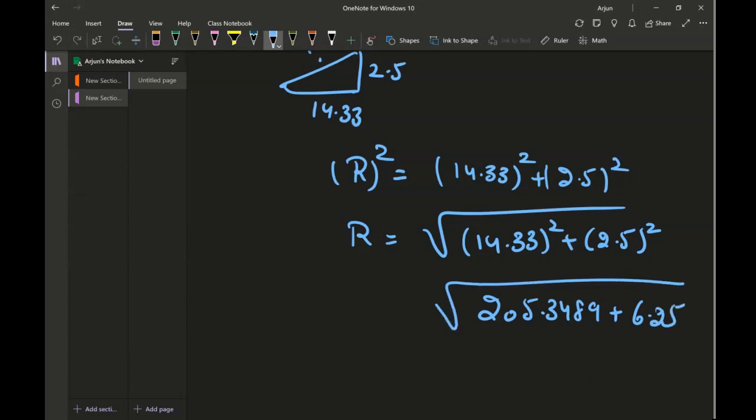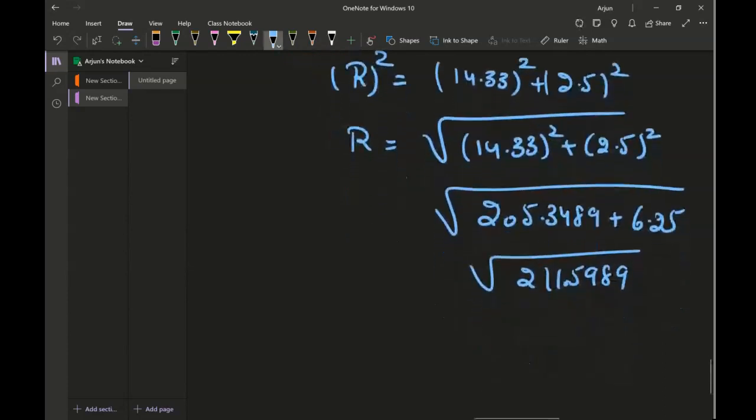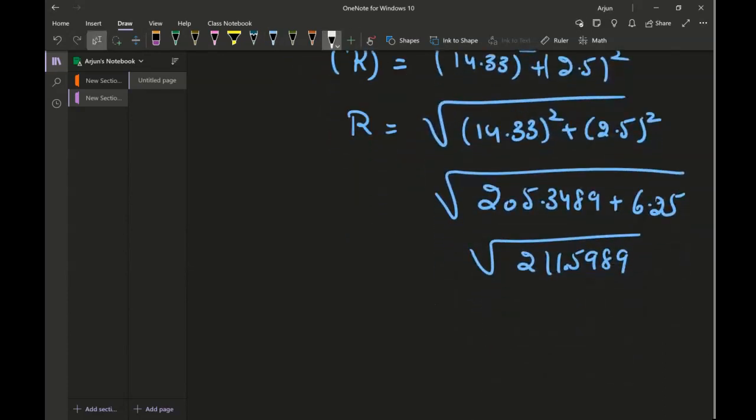And then I'll add these two numbers, 205.3489 plus 6.25, which is 211.5989, square root of, and resultant value will be equal to square root of this number, which comes out to be 14.55.